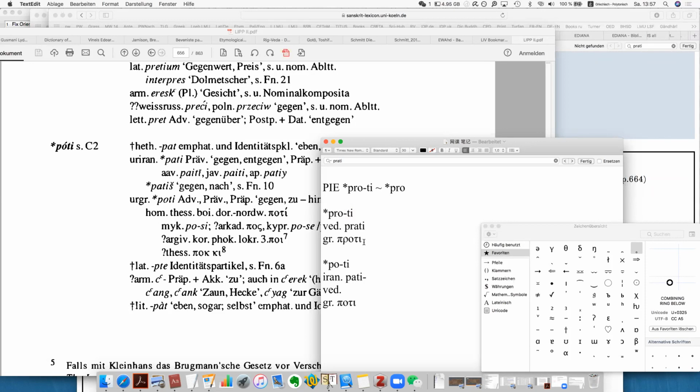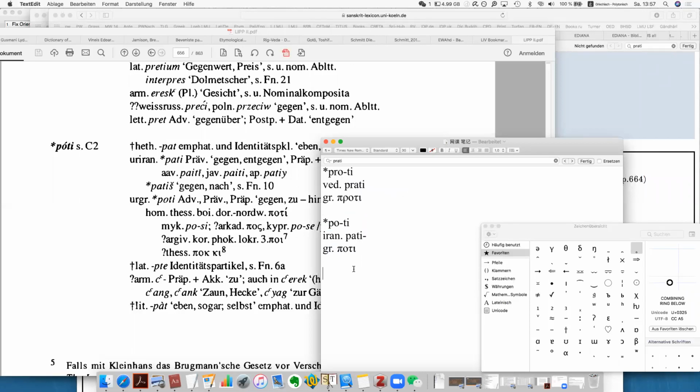But you see, Greek has both proti and poti, but prati exists only in Sanskrit, in Indic, and pati only in Iranian. There's no pati in Sanskrit. You couldn't find it here, right? So pati only in Western Iranian or Old Persian and other Iranian languages, but prati only in Vedic.